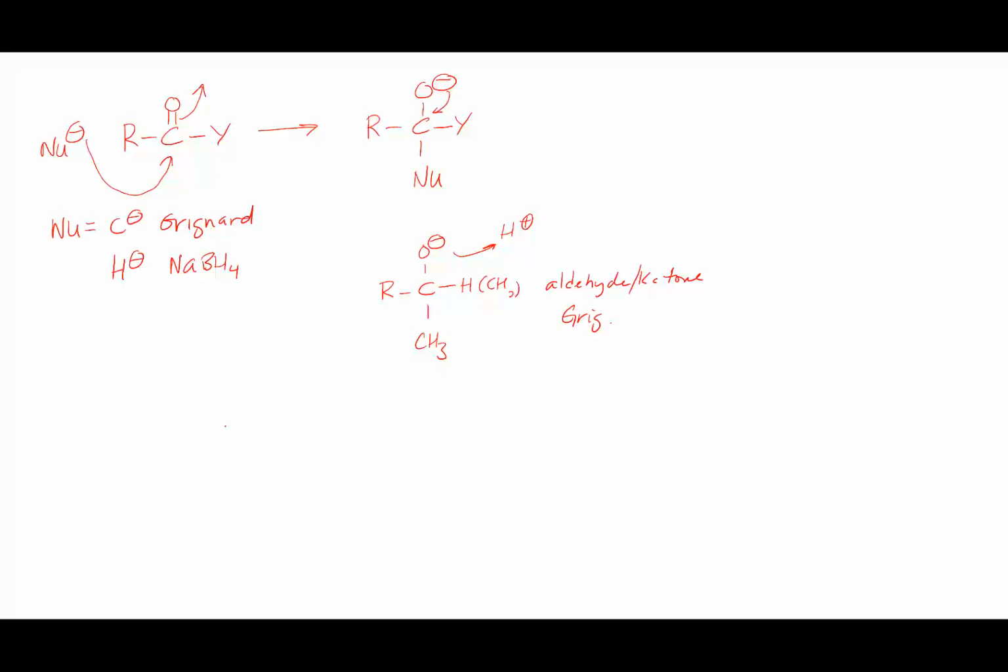But we did do Grignard reactions where we took 2 equivalents of, this would be methyl Grignard, and we added this to a carboxylic acid chloride or an ester. And what happened there?